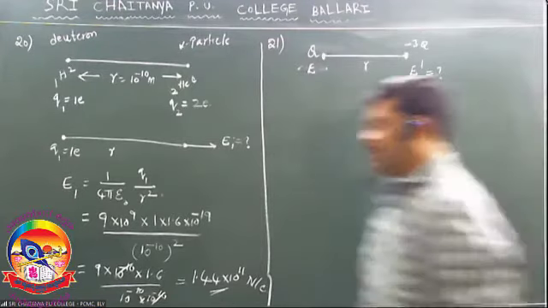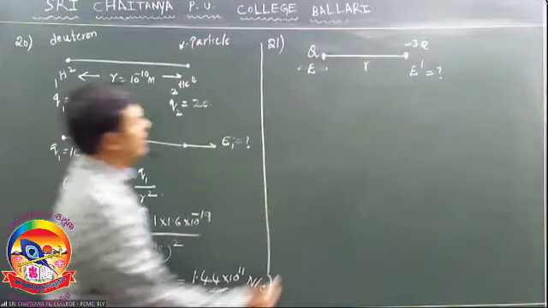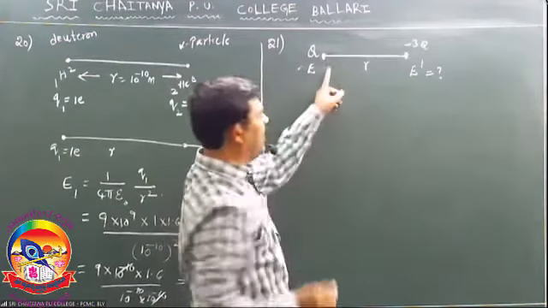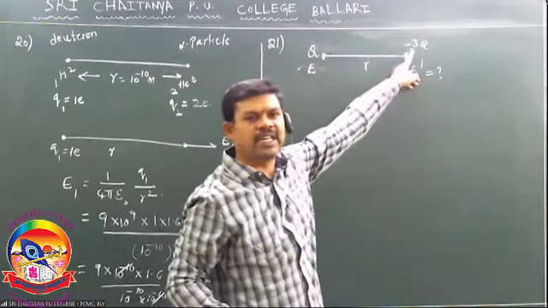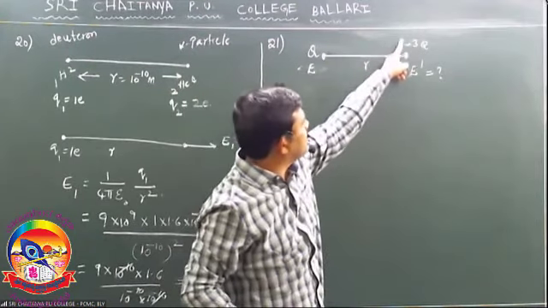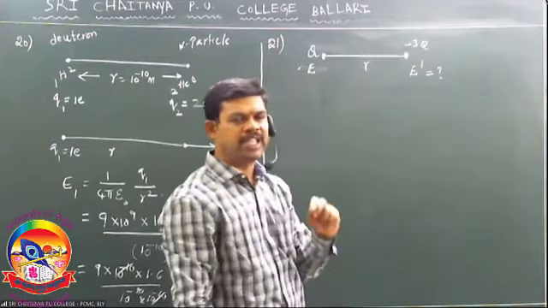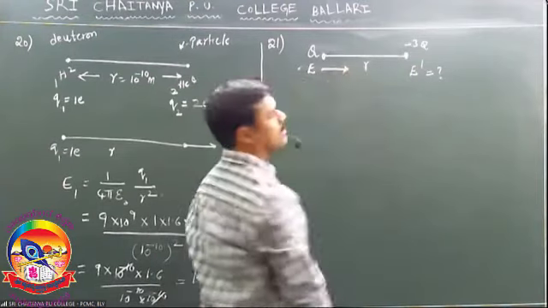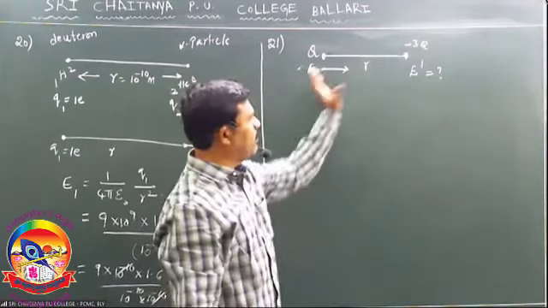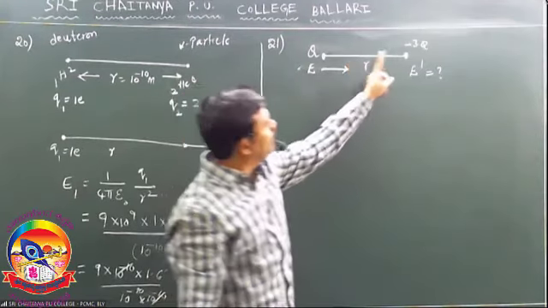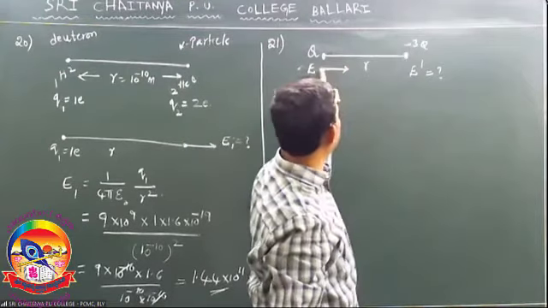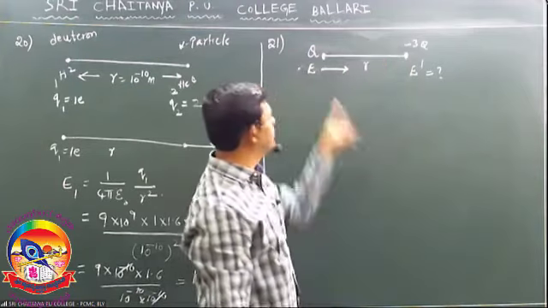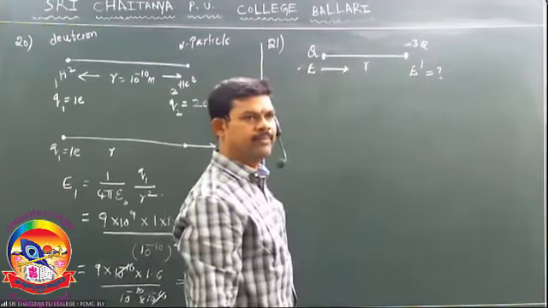See, at the location of Q, the electric field is due to what? Due to this charge. Which charge is this? Negative charge. Negative charge means what is the direction of the electric field? In this direction. Whenever we are solving problems like this, we must see the direction of the electric field also. As it is negative, intensity is towards the charge. So E direction is this one.